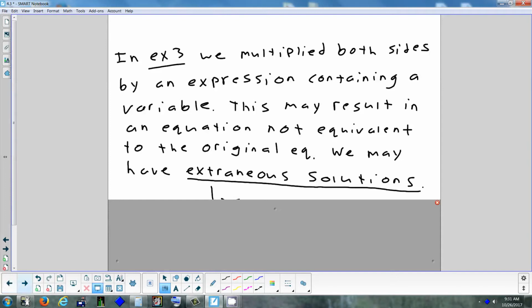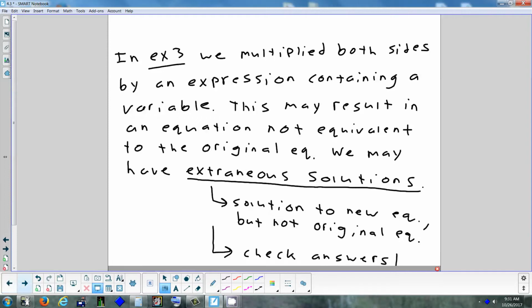What that means is somehow you've done something that created a new answer that is not an answer to the original problem. You did an operation that created this new answer that works in your new equation, but it does not work in the original equation before you modified it. It's not that you did something wrong, it's just called an extraneous solution.